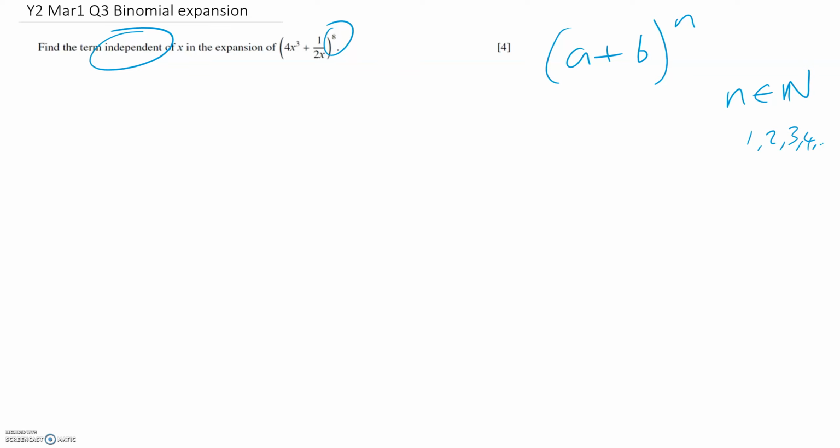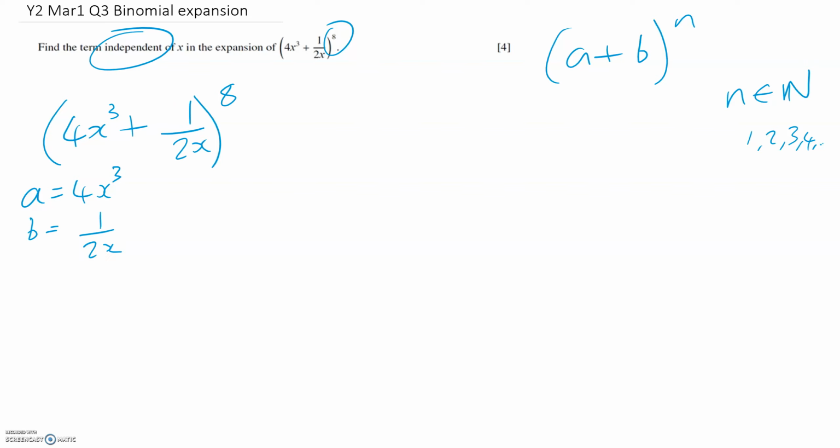So if we use that formula for our question, we've got 4x cubed plus 1 over 2x all to the power of 8. So we've got a is 4x cubed, b is 1 over 2x, and n equals 8.